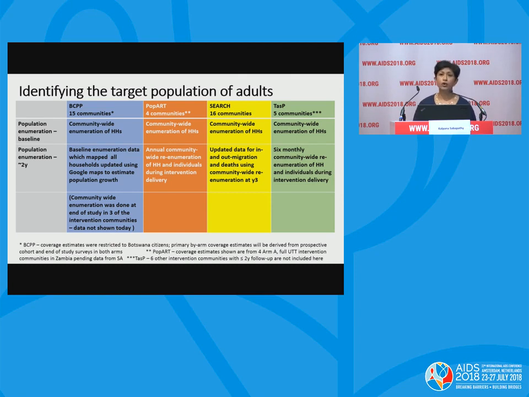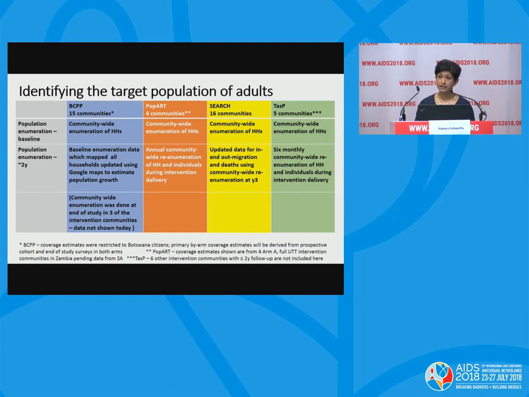So as we can see, all the trials performed community-wide enumeration at the start before interventions were delivered. At 2 years, the approach differs slightly. PopART and TasP field workers effectively conducted repeat enumerations during delivery of the household interventions, including updating information on new households, new household members, out-migration, in-migration, and deaths.